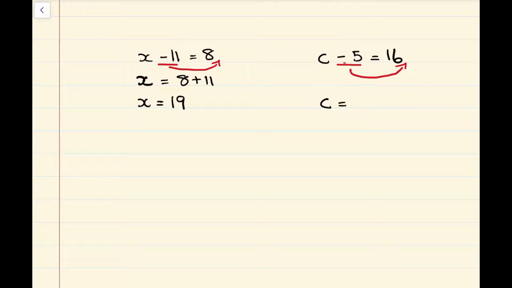So then c equals 16 plus 5. You see how that happened? Once we take it over, we just do the opposite of subtraction, which is addition. And then we just solve for c. So 16 plus 5 is equal to 21. And that's basically how to do that question.